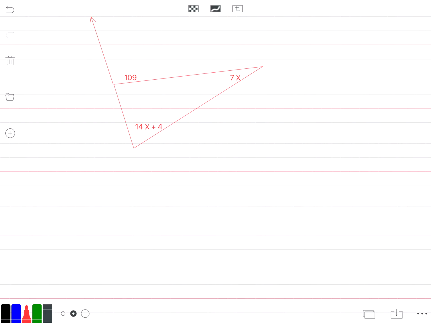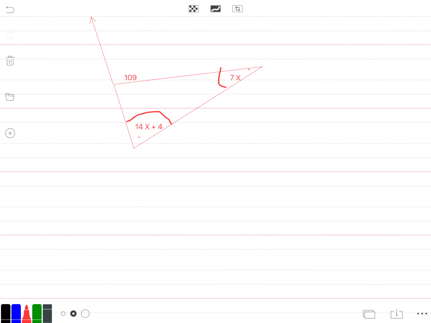So right now, we're going to take like terms and combine them. So we have 7x on this angle, 14x over here on the bottom, plus 4.